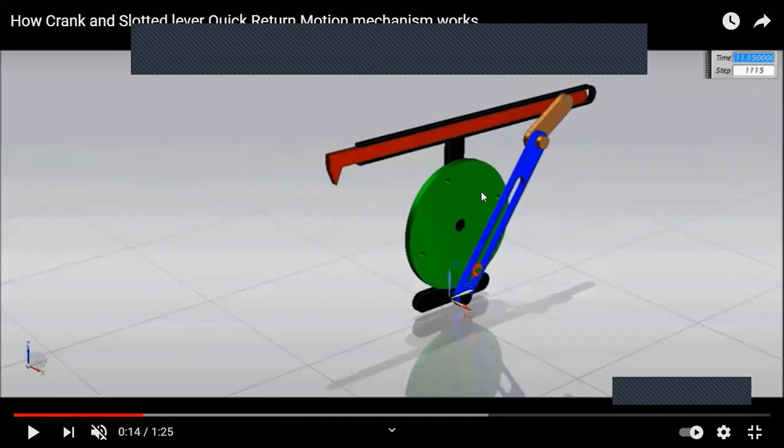Green color one is the crank, and the pale brown color is the connecting rod. This is the cutting stroke, that is the line of stroke, and this is the cutting tool here.